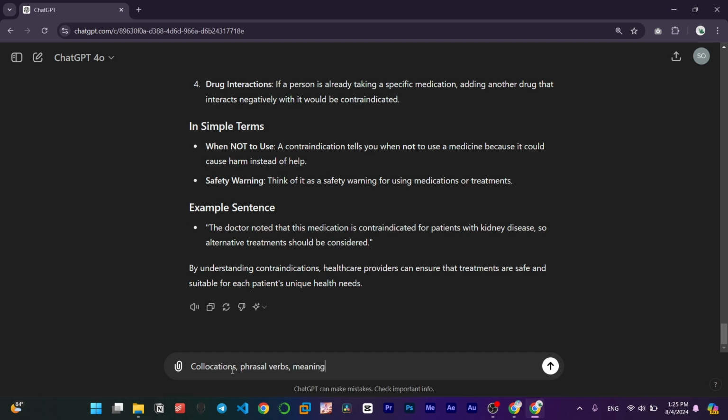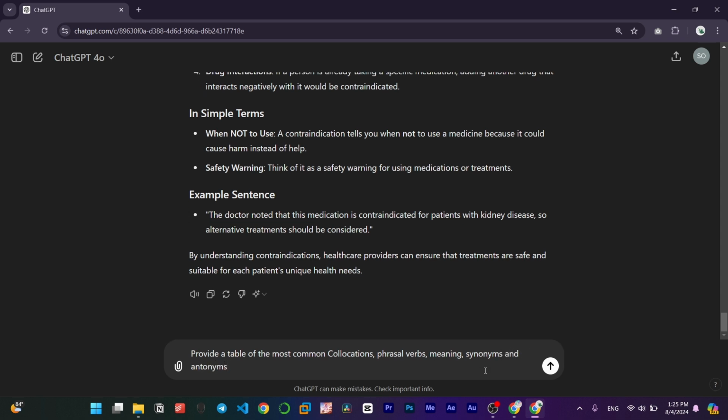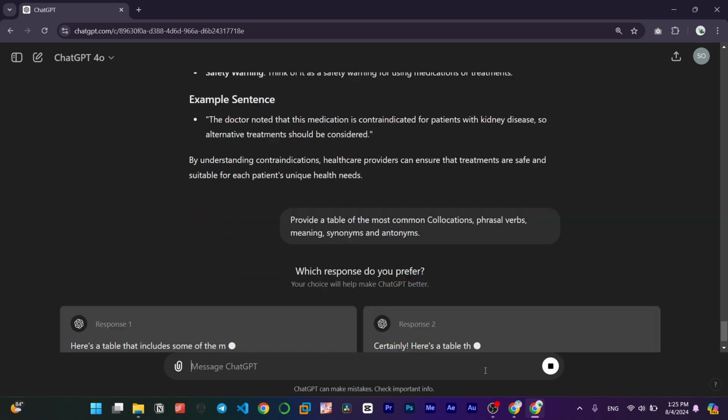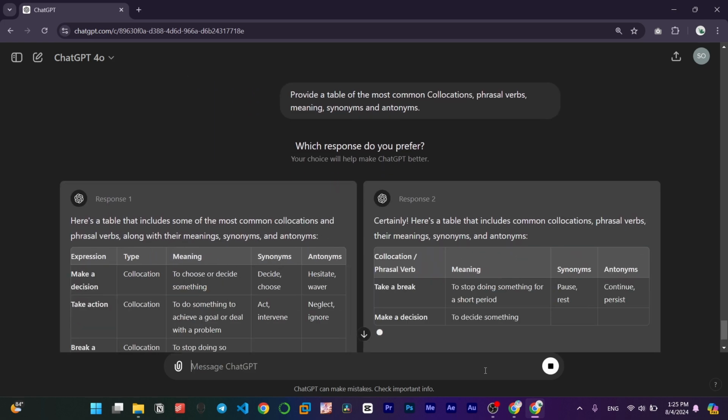So I can ask it to provide a table of the most common collocations, phrasal verbs, their meanings, synonyms, and antonyms.